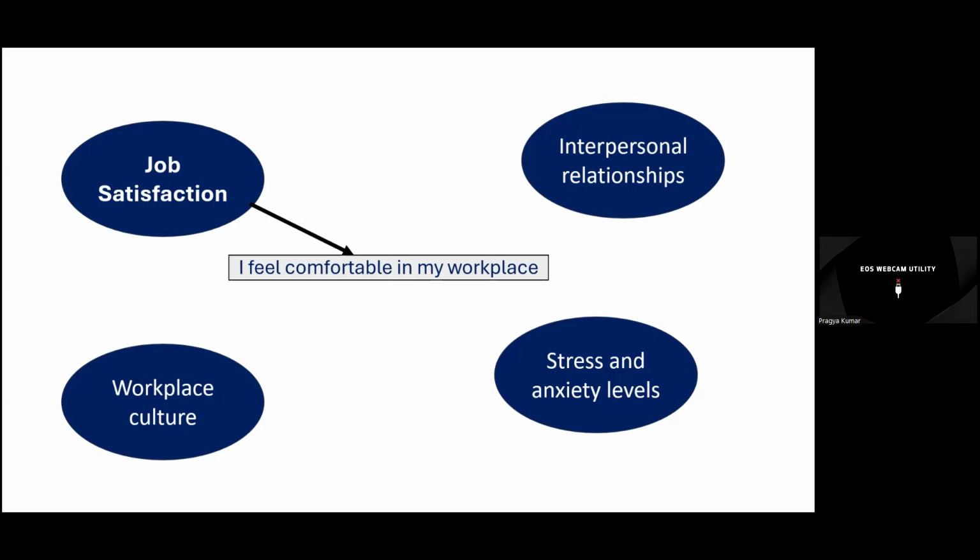Okay. So right now our aim is to understand that if there is variability in an item, it is not necessarily only due to job satisfaction, but also due to other domains, like interpersonal relationship, stress and anxiety level.